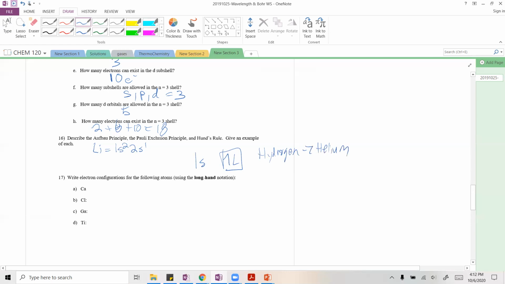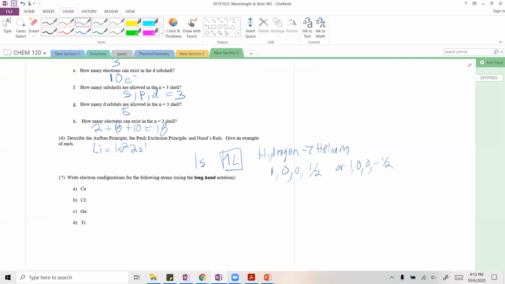Those 2 electrons can't have all 4 identical quantum numbers. The spin up one would have an energy of 1, an orientation of 0, its orbital would also be 0, and one of them will be plus 1/2. Then the other one will be 1, 0, 0, and minus 1/2. So it's spin up and spin down.